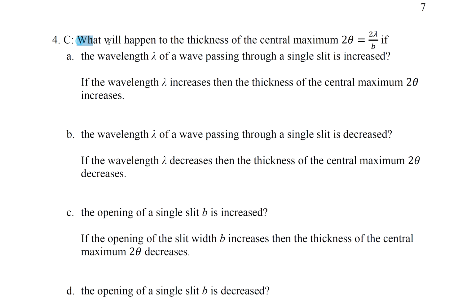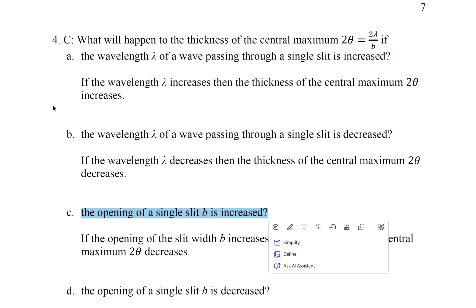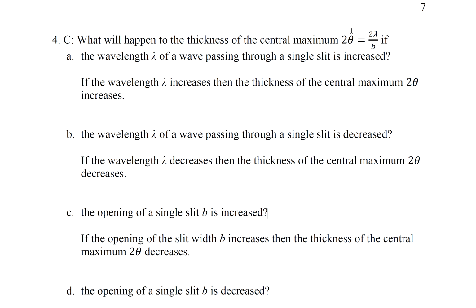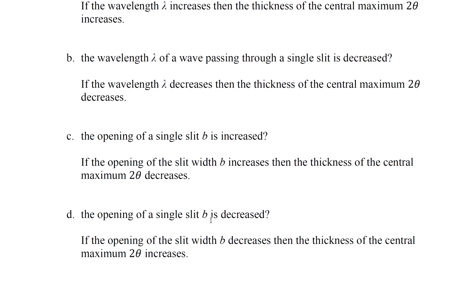And what will happen to the thickness of the central maximum if the opening of a slit is increased? Well, if b gets bigger, then 2 theta gets smaller. Finally, if b is decreased, then 2 theta increases.